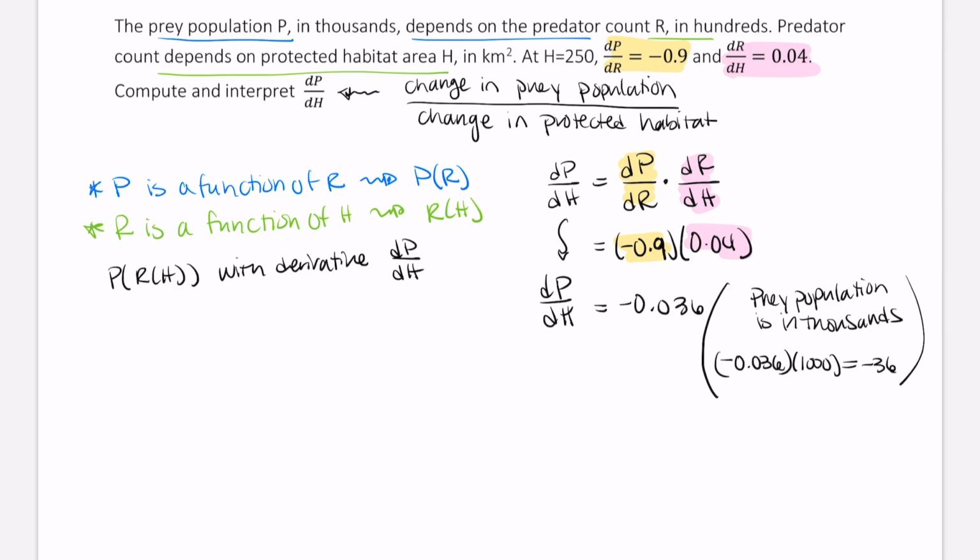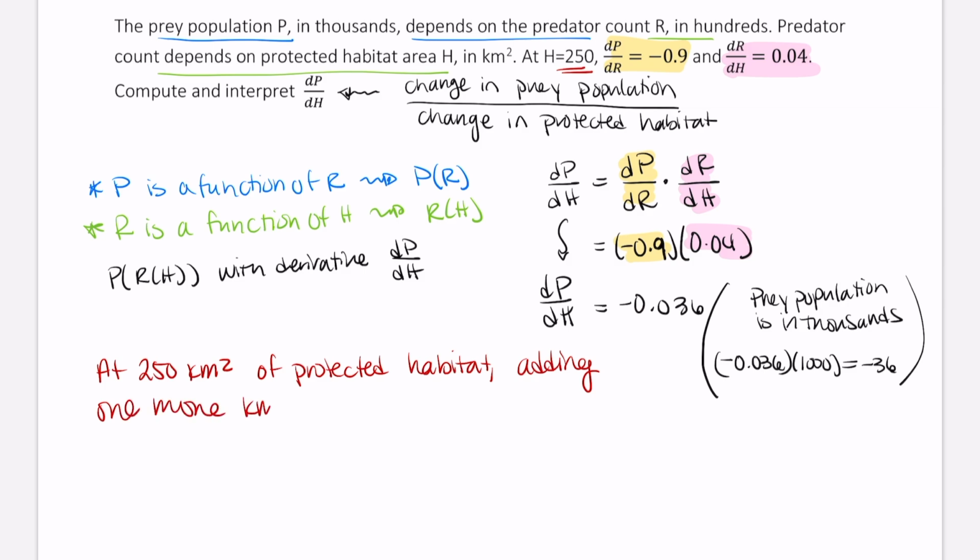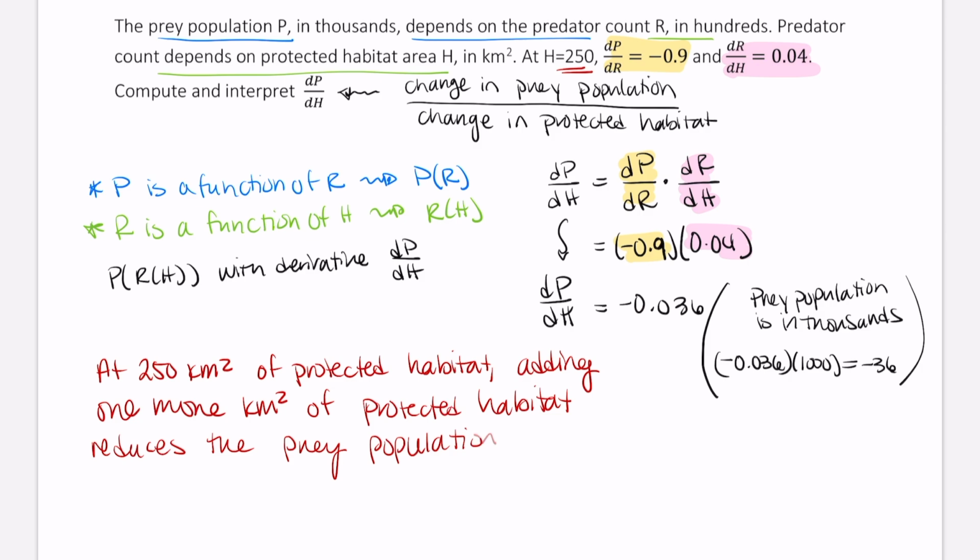Now, what does this all mean more importantly? Well, at 250 kilometers squared, and again, we were given this, of protected habitat, adding one more square kilometer of protected habitat reduces the prey population by 36.